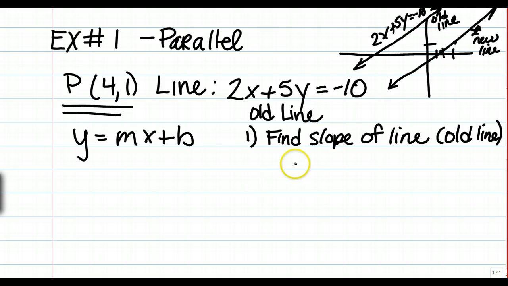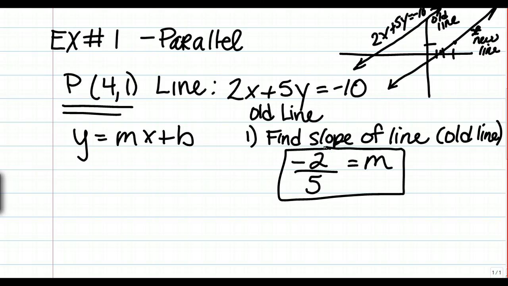So when I look at this, I would do the opposite of a, which is 2, because that's in front of x, over b, which is 5. So I know that my slope is -2/5. So if I want to write an equation that's parallel to this old line, I know that my slope has to be -2/5. But then I need to find out what b is so I can write a new equation.